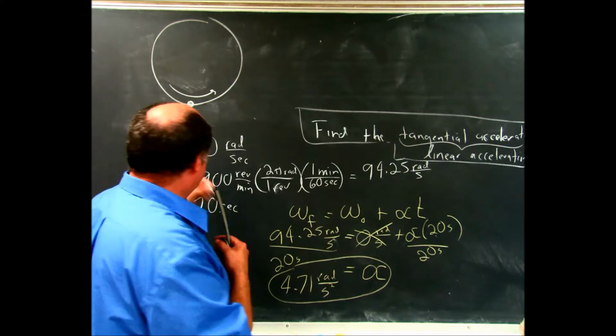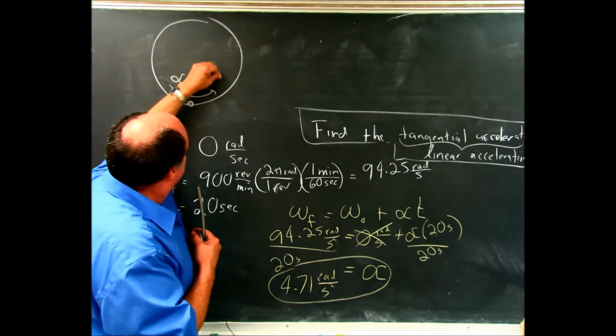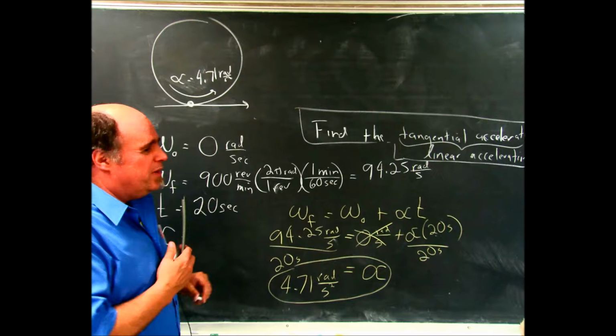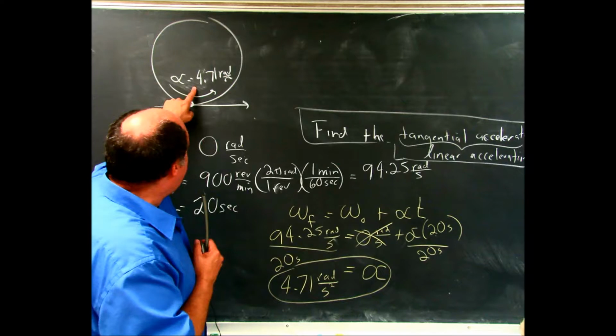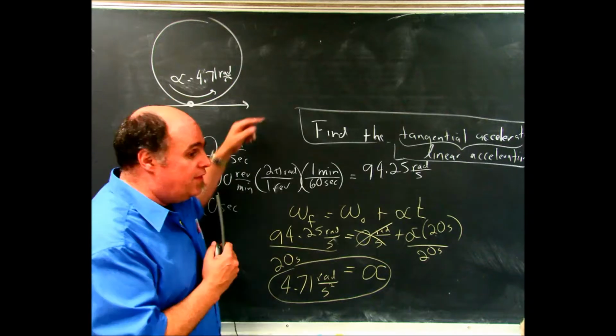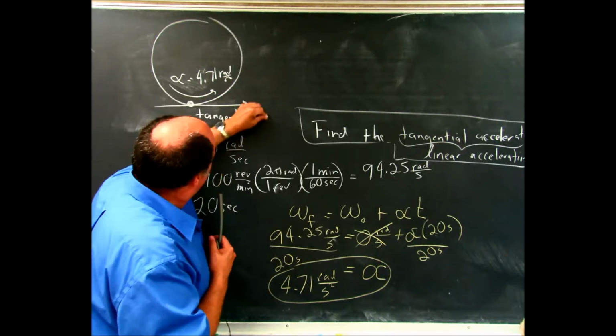We just figured out the angular acceleration, so alpha here would be 4.71 radians per second squared. Now, at this particular moment, this object would be moving this way. So there would be a linear acceleration based on the angular acceleration, and they use the word tangential because we're talking about the tangent line. The tangent line is a straight line that touches a circle at one point. So this would be a tangent line. When they talk about a tangential velocity or a tangential acceleration, it's the linear component of the angular piece.